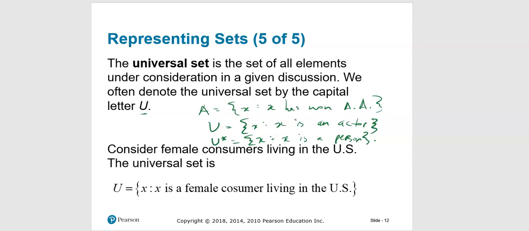Of course, you have to be an actor first. That's why I feel like this universal set, that's just all actors, makes more sense for this kind of circumstance. But here, we can have an example of a universal set where if we're talking about female consumers living in the United States as our universal set, then we can make some subsets of this one, based on demographics or whatever.